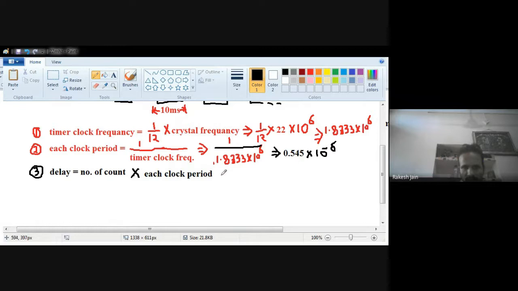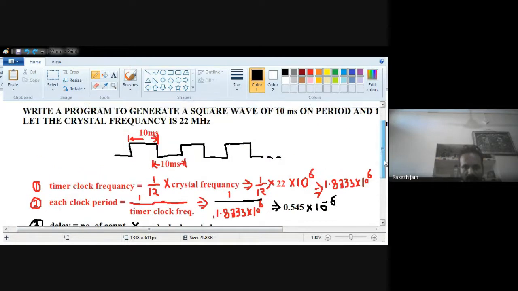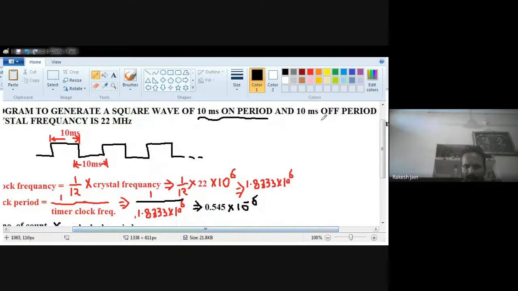So what delay we want, see the program basically. Here it is clearly mentioned that 10 millisecond on period is the delay, and here off period is also 10 millisecond.